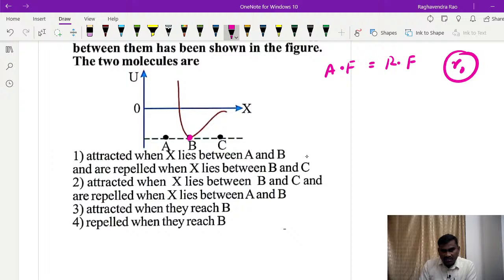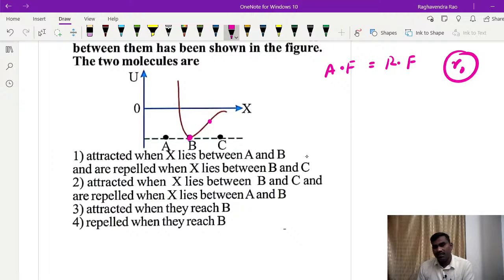Before this point, the attractive force is maximum, and below this the repulsive force is maximum. That means attractive and repulsive forces are always present, but based on the separation between the two atoms, the attractive force may dominate at some places and the repulsive force may dominate at others.